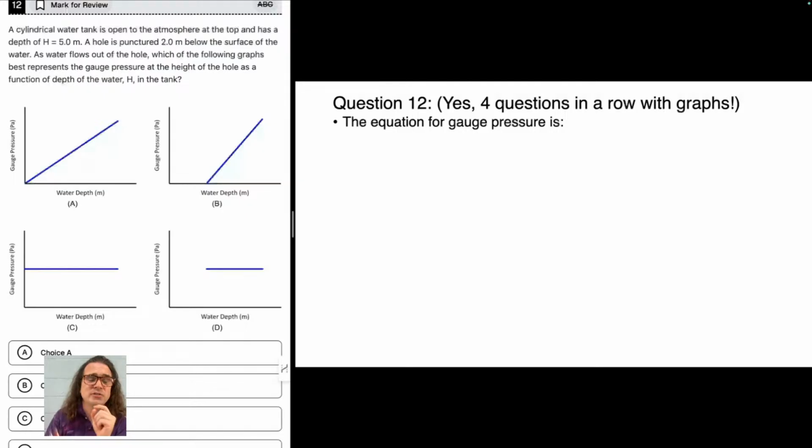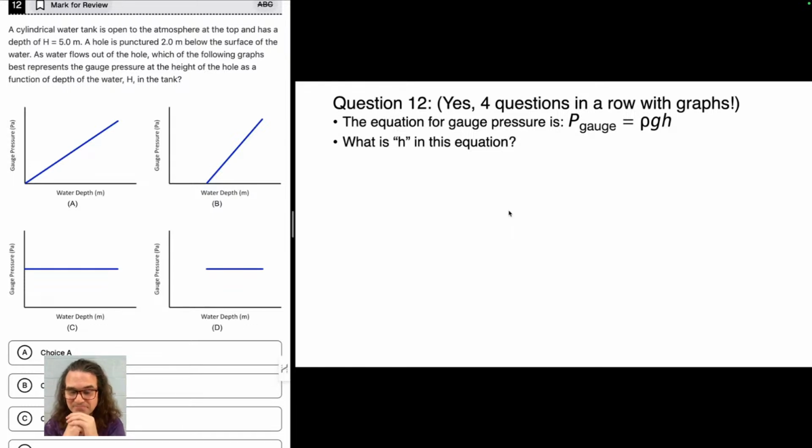So, the equation for gauge pressure is that the gauge pressure equals density times the acceleration of gravity times h. Now, what is h in this equation? We need to be really careful when we talk about h in this equation.